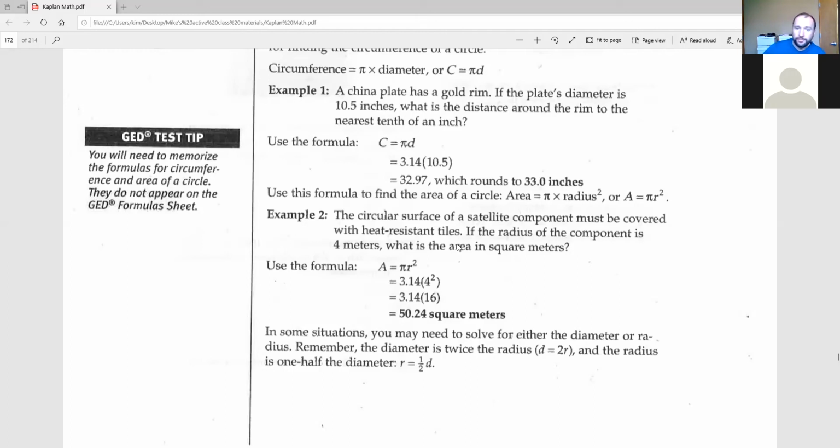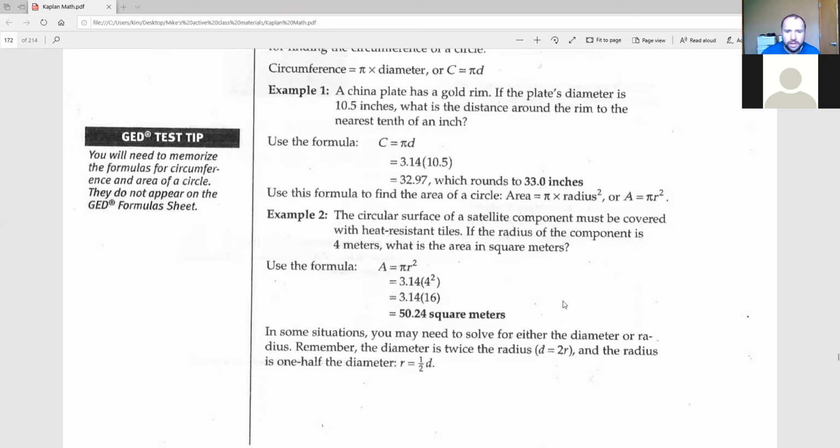Okay? So in this example, it says the circular surface of a satellite component must be covered with heat-resistant tiles. If the radius of the component is 4 meters, what is the area in square meters? And remember, circumference is distance around, area is the space inside, right? The total space that the circle takes up.